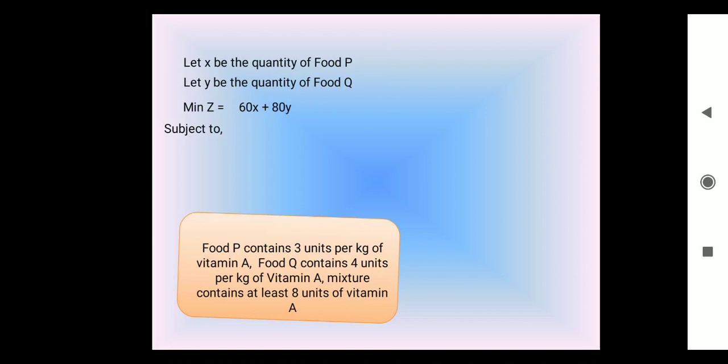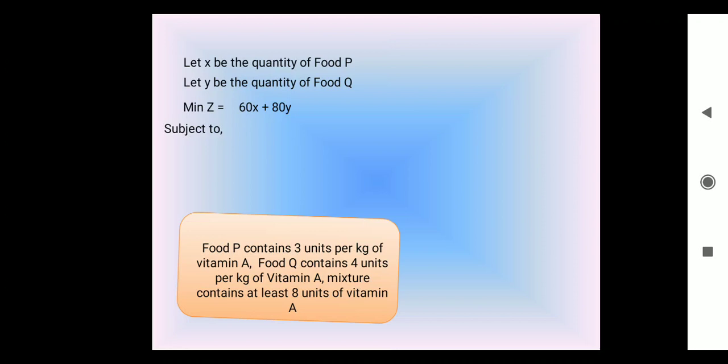And now we have to construct a constraint as food P contains 3 units per kg of vitamin A, food Q contains 4 units per kg of vitamin A. A mixture contains at least 8 units of vitamin A. Therefore, you need to observe the word at least.